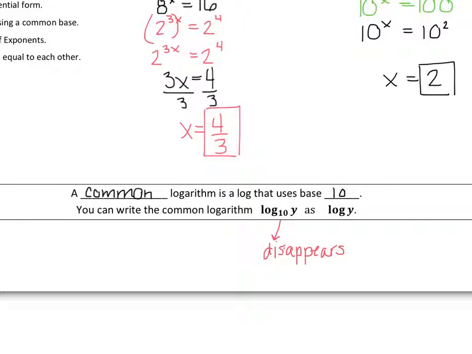So log base 10 of y is the same thing as saying log of y. So anytime you don't see a base, you assume it's 10. This log is the one that your calculator will use. There's a log button on your calculator. It is a common log, so it assumes the base is 10.